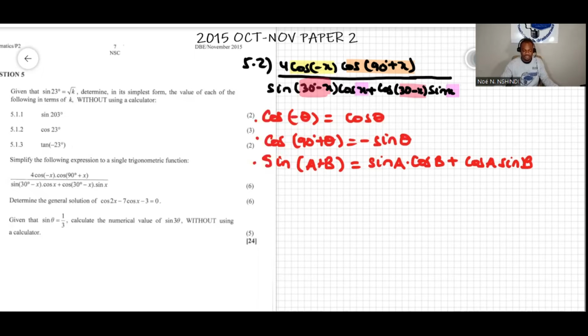So at the numerator, that's going to become 4 cos x, because cos of negative theta is equivalent to cos theta, times cos of 90 degrees plus x, which is reduced to negative sine x. At the denominator we have noticed a compound angle. Those formulas can be worked left to right and right to left also.